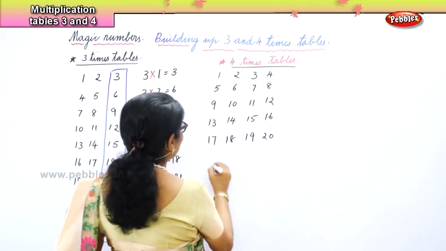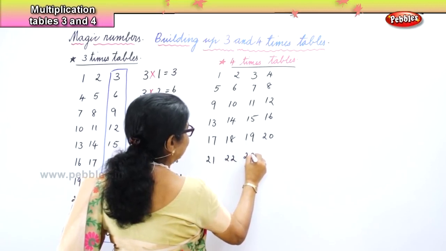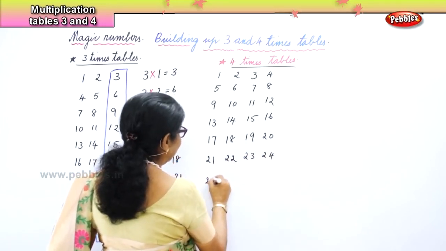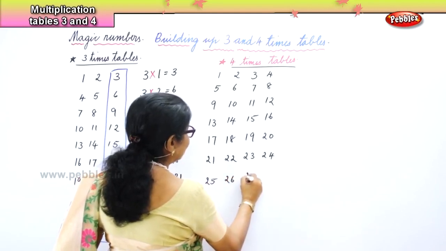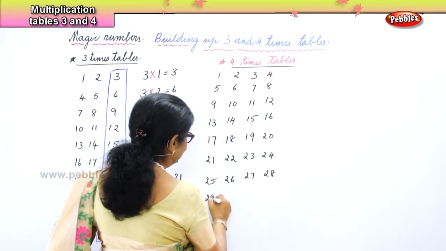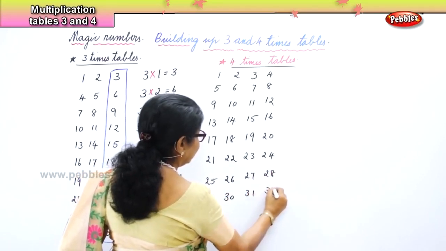Next, 21, 22, 23, 24. Next, 25, 26, 27, 28. Next, 29, 30, 31, 32.